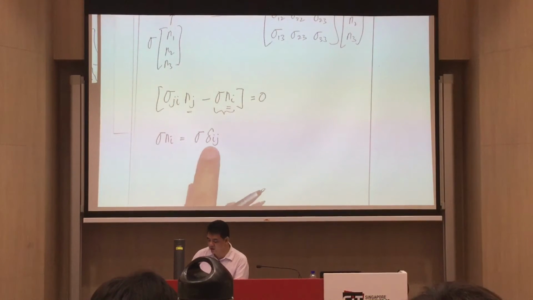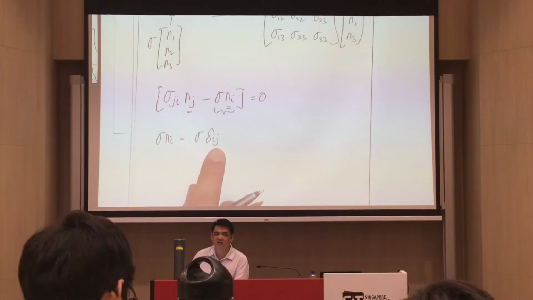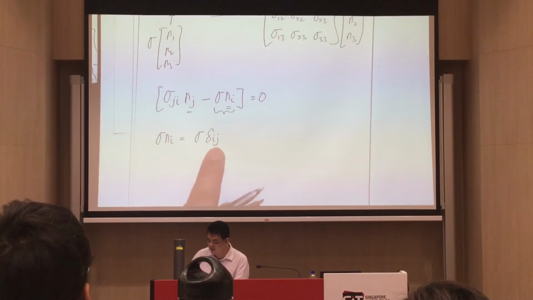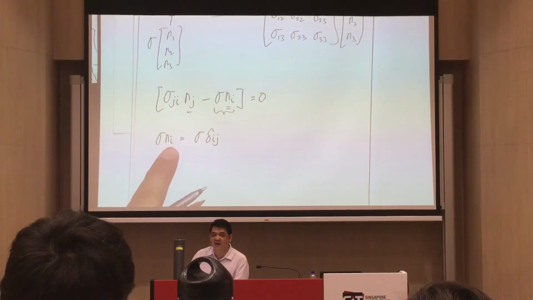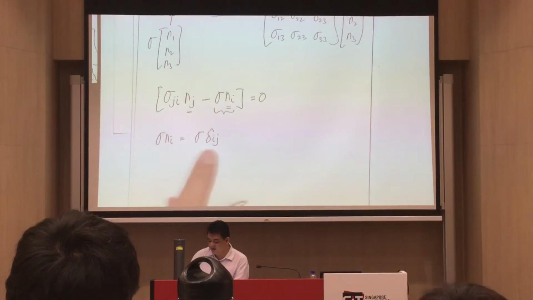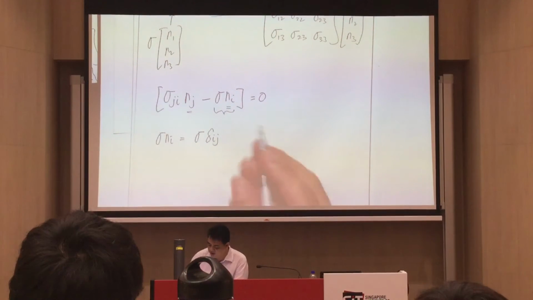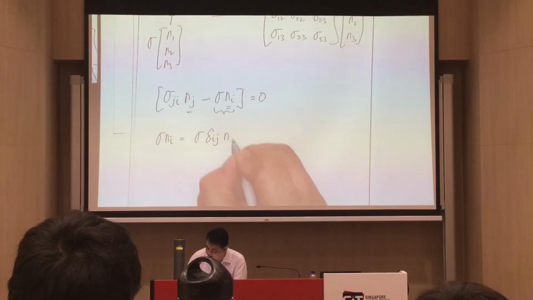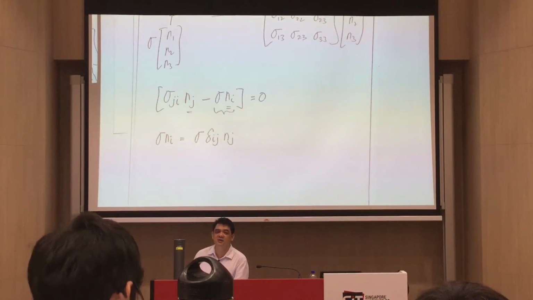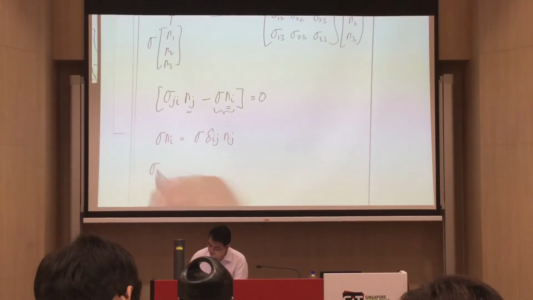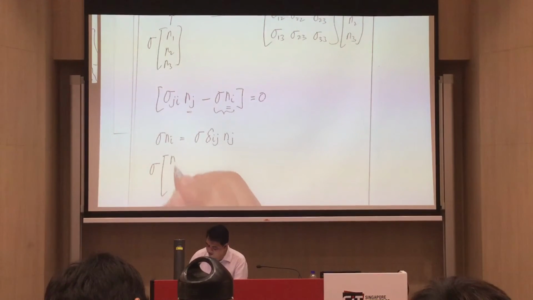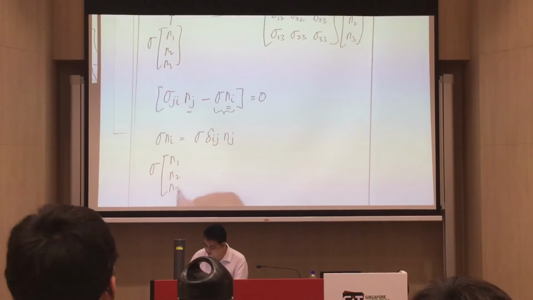This is equal to 1 if i is equal to j. But this one is ni, so here I can write this one to be nj, sigma n1, n2, n3.